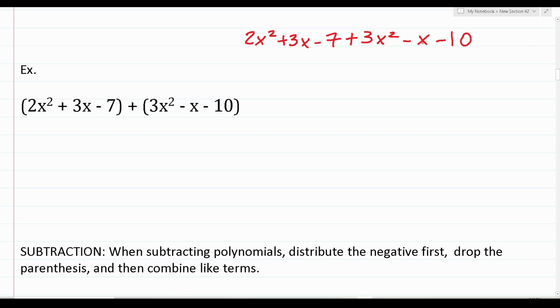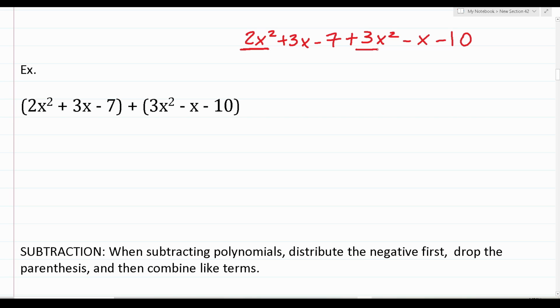Again, the definition of like terms is same letter variable raised to the same power. So if we look at our first term here, we can see that we have the letter variable x raised to the second power. If we look through all these other terms, do we have anything else that meets those two criteria? Well, this is x raised to the first power. This is just negative 7. But here we have x raised to the second power.